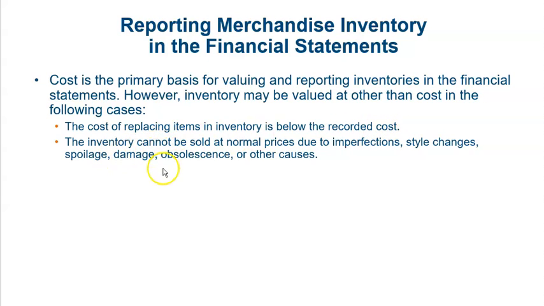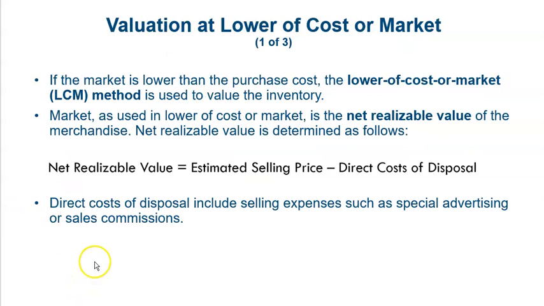And if the inventory cannot be sold at a normal price due to imperfections or style change or spoilage, damage, or obsolescence or other causes, then we would have to do something different as well. So what we would do is we would value it at lower of cost or market. So we'd ask ourselves which one's lower, the original cost that we paid or the new market value. And we would actually record it and report it at the lower of those.